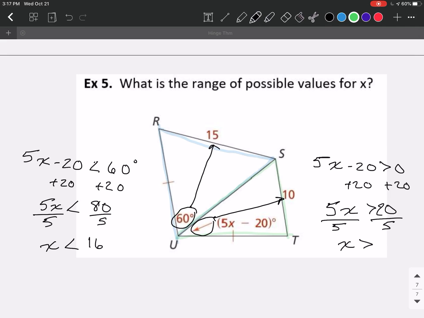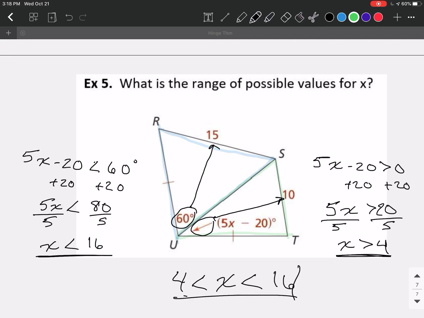We get x is greater than 4. So now we're going to take x greater than 4, x less than 16, and make a compound inequality. So 4 is less than x, which is less than 16. So x will fall somewhere in between 4 and 16.